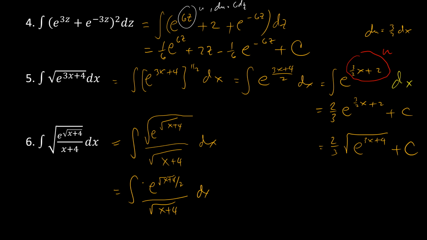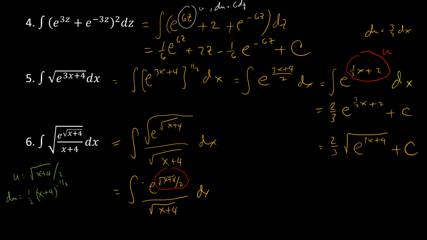So what is our u here? Our u is the square root of x plus 4 all over 2. Okay, let us write that. U is equal to the square root of x plus 4 over 2. So your du here will be 1/2 x plus 4 to the negative 1/2.